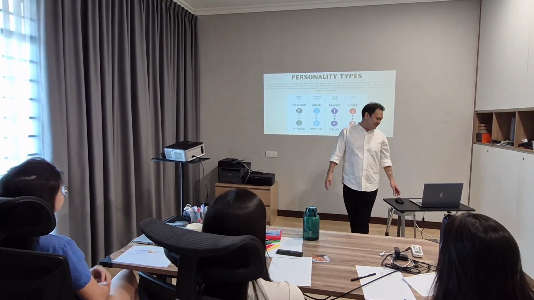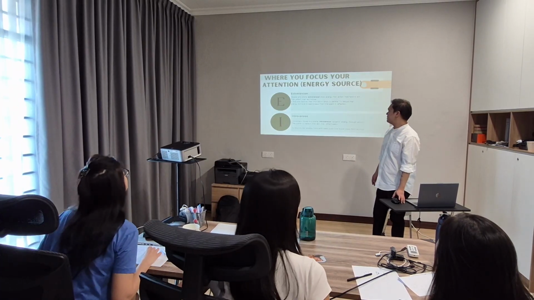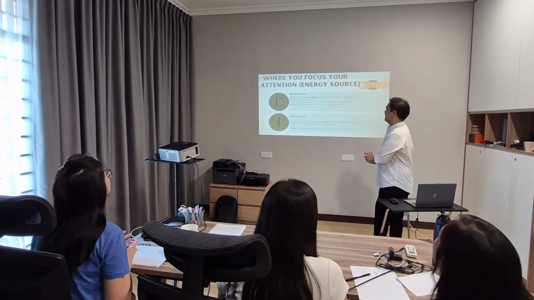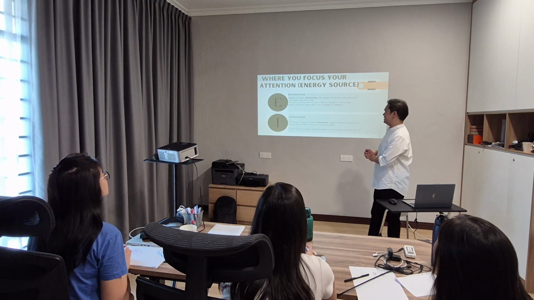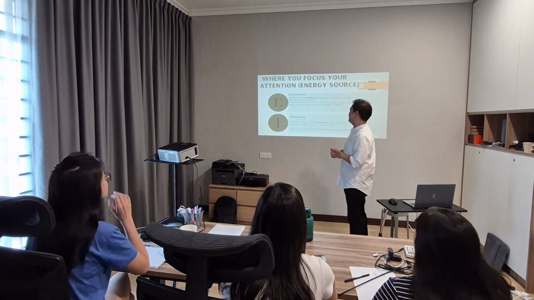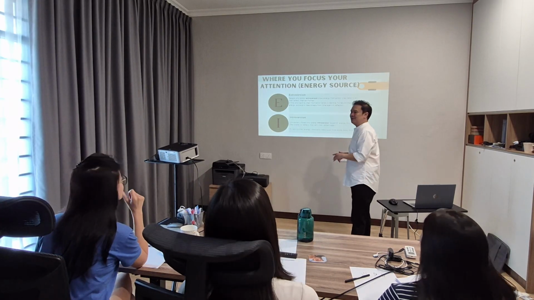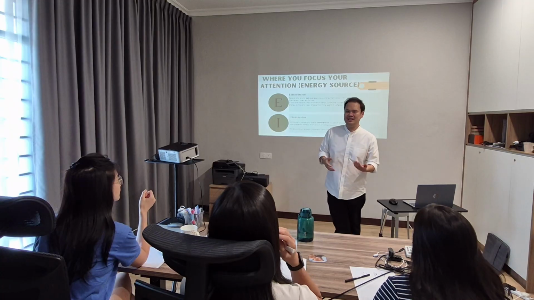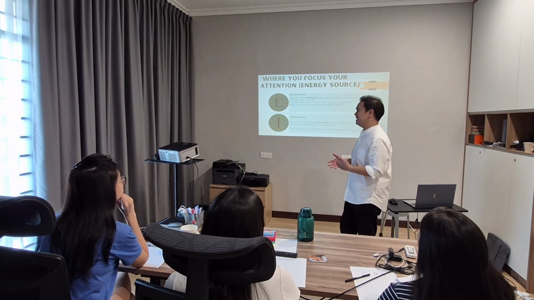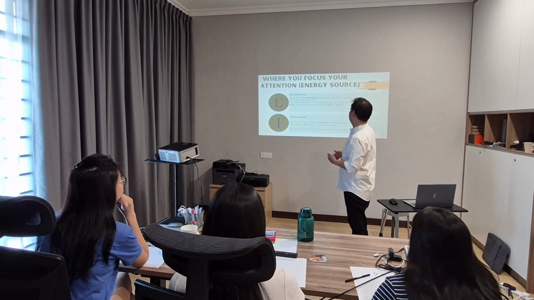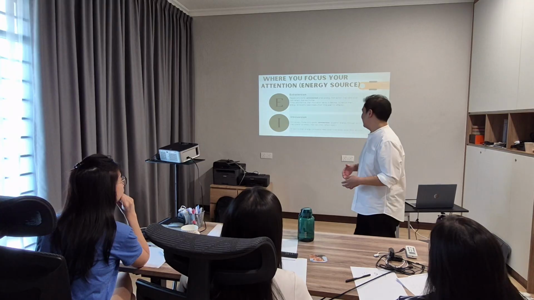Okay, so we'll go into the first one, which is the energy style. Your energy style is where you actually get your energy source, so where you focus your attention. Extroverts are people who draw energy from action. So people who like to socialize, and when they socialize, they do gain more energy, they feel more energized.